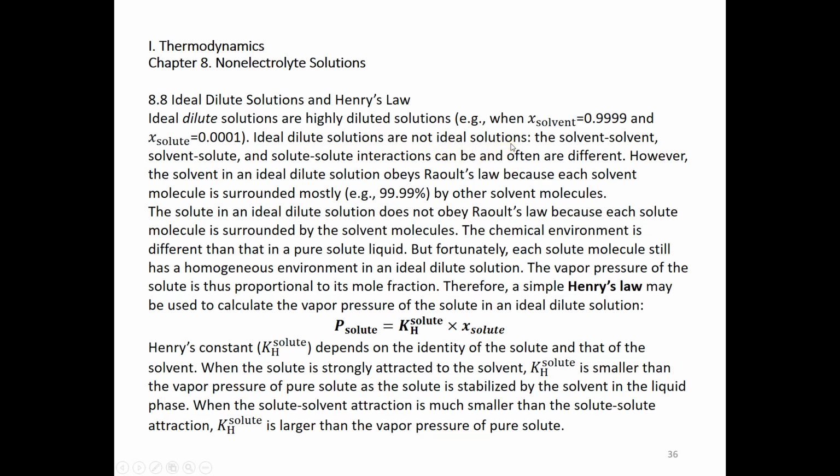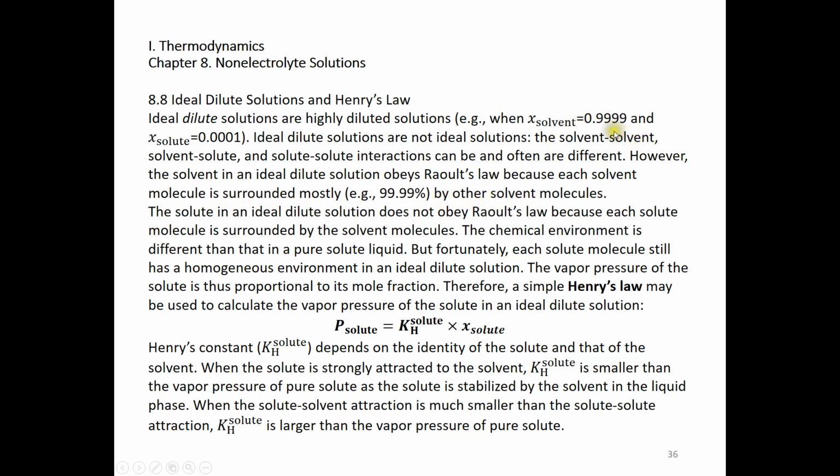So if we have a two-component ideal dilute solution, let's say components A and B, the AB interaction, the AA interaction, and the BB interaction are different. However, if you just study the solvent in the ideal dilute solution, the solvent still obeys Raoult's law, just because each solvent is pretty much surrounded by other solvent molecules.